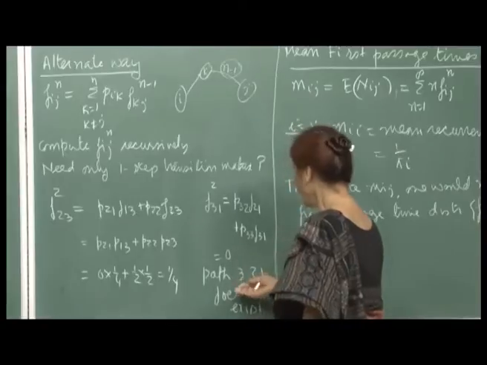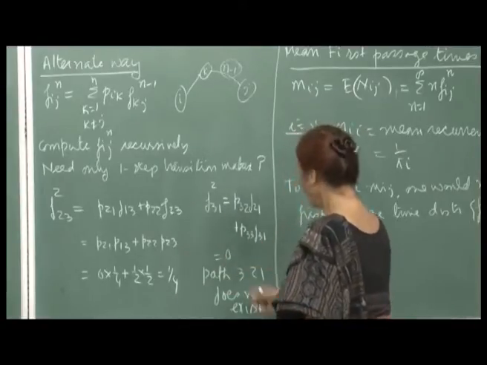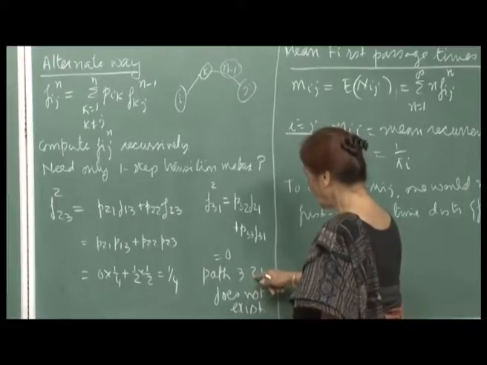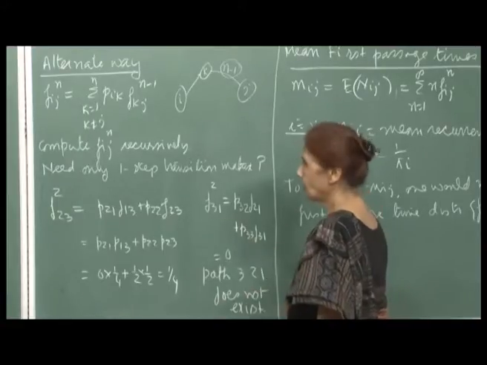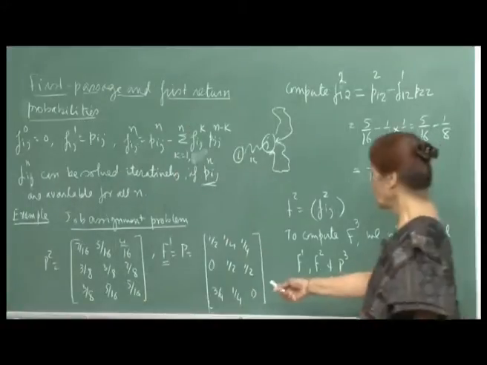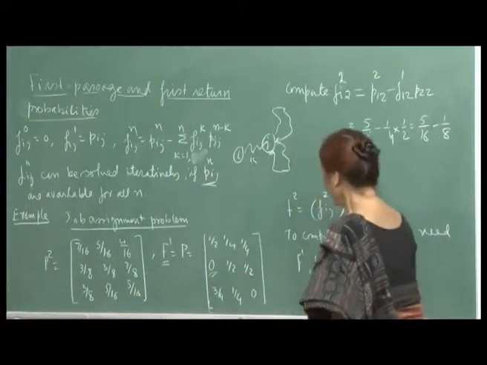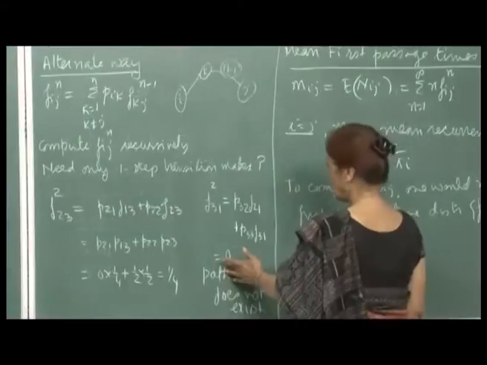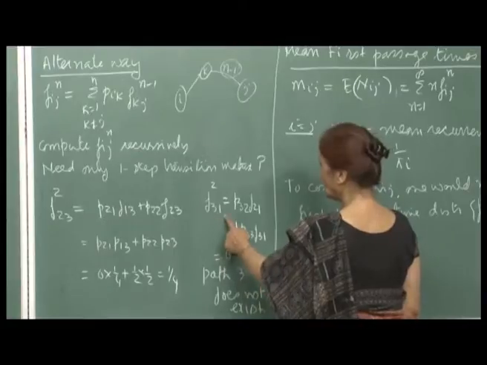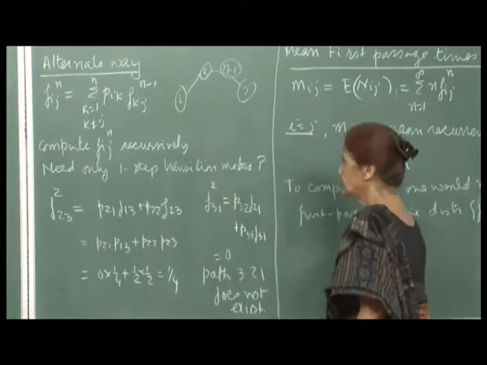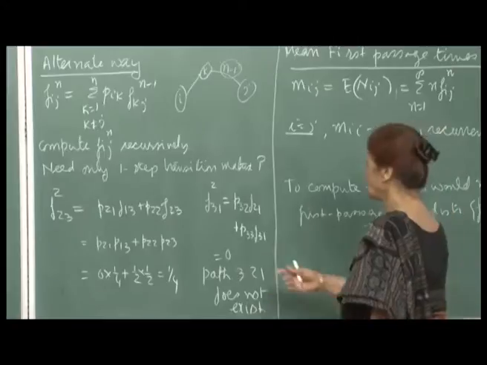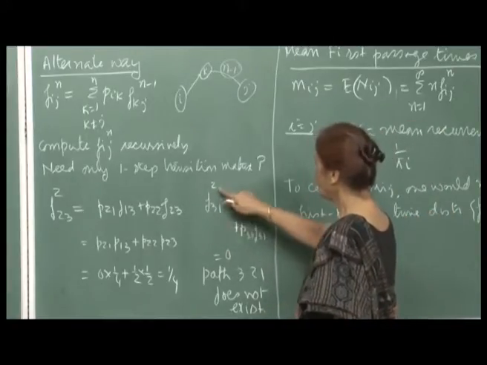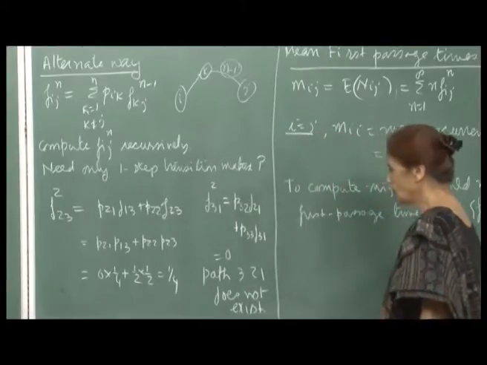Remember, if I have not drawn the diagram here, but the path 3 to 1 does not exist, because you did not have the arrow from 2 to 1 in this transition matrix, because this is 0. So you do not have the arc from 2 to 1, and therefore this path does not exist. You cannot reach from 3 to 1 for the first time in 2 time periods.